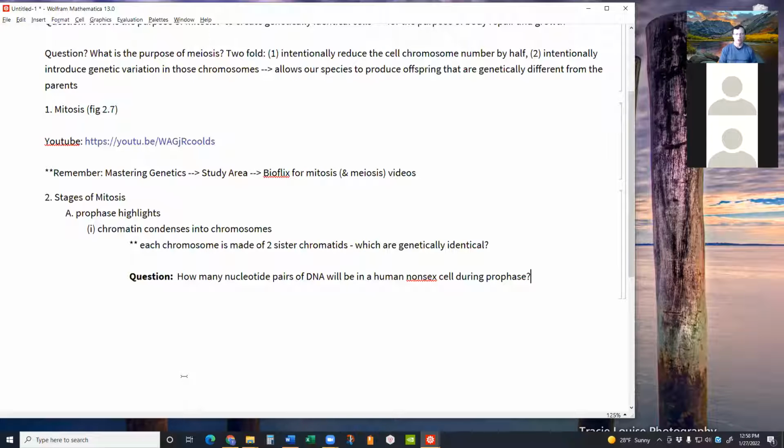How many nucleotide pairs of DNA will be in a human non-sex cell during prophase?